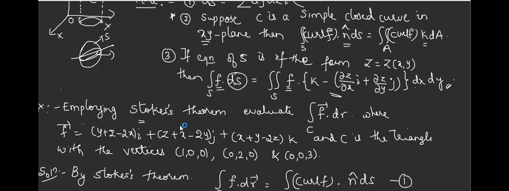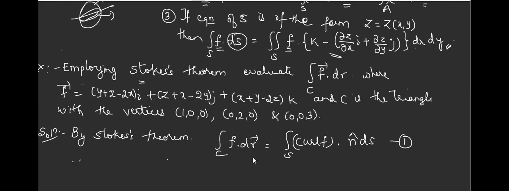C is the triangle with the vertices (1, 0, 0), (0, 2, 0) and (0, 0, 3). This curve can be drawn, but it is a little tedious work. Before that, we'll try to evaluate some values over here. So what they have given here, we have to use which theorem? Stokes' theorem, isn't it? So let us apply Stokes' theorem.